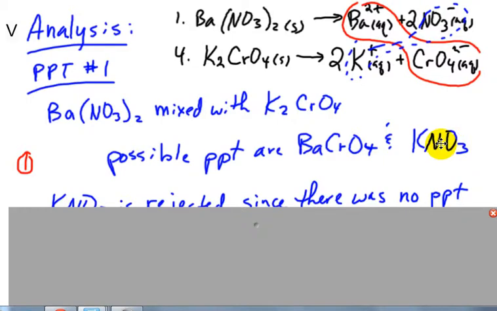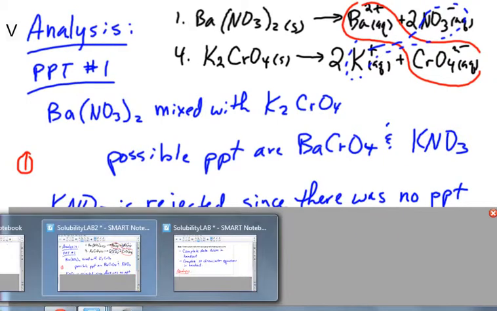So if I look at potassium nitrate, where potassium and nitrate were together, here's potassium, K, here's nitrate here. So in this box right here, potassium ions and nitrate ions would have been together, and as you can see, there is no precipitate there.